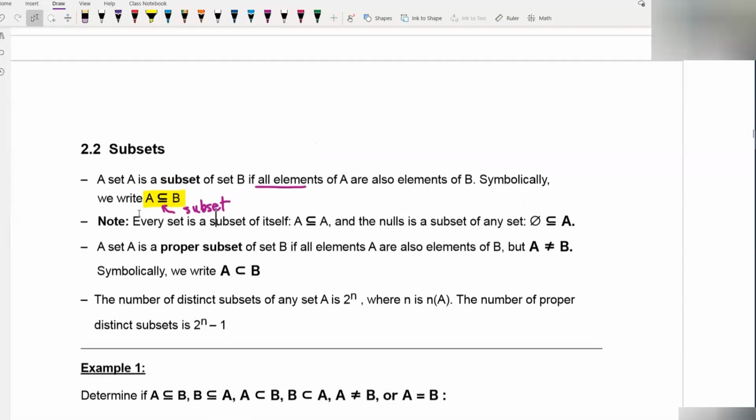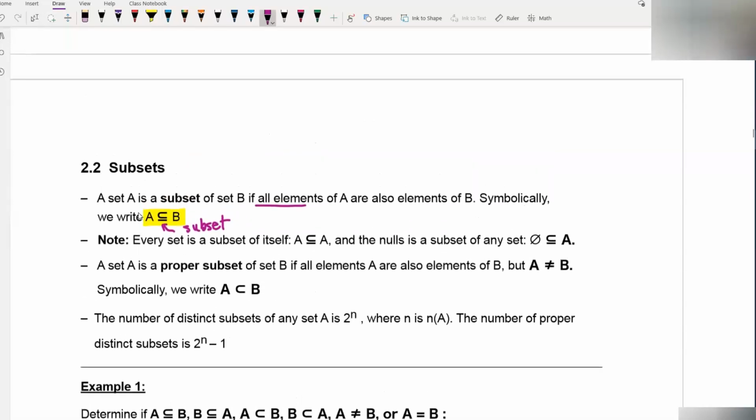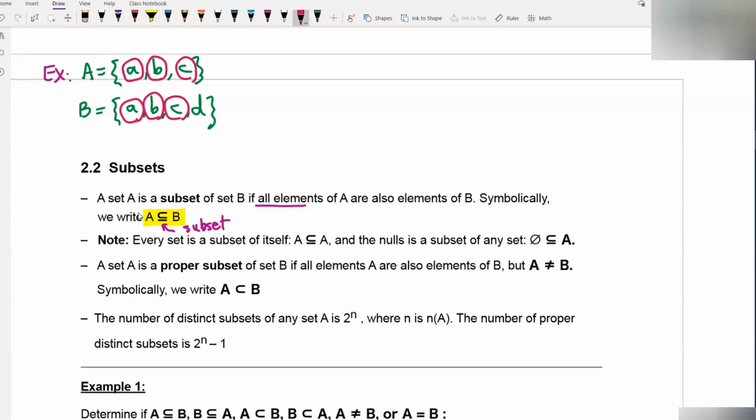I'm going to have an example for this one. So let's have, for example, for set A, I have A, B, C. And for B, I have A, B, C, D. But I want to see if this A is subset of B, meaning that all these members that are in set A should be inside B. So I have A, B, and C, and it doesn't matter if you have more than that.